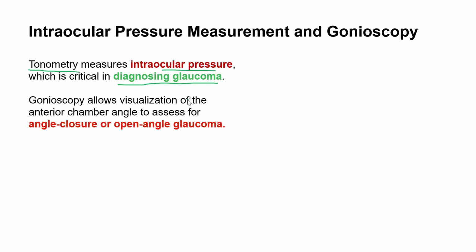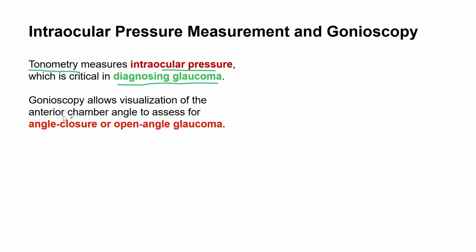And then we have another technique called gonioscopy. Gonioscopy allows the visualization of the anterior chamber angle to assess for angle closure or open angle glaucoma.